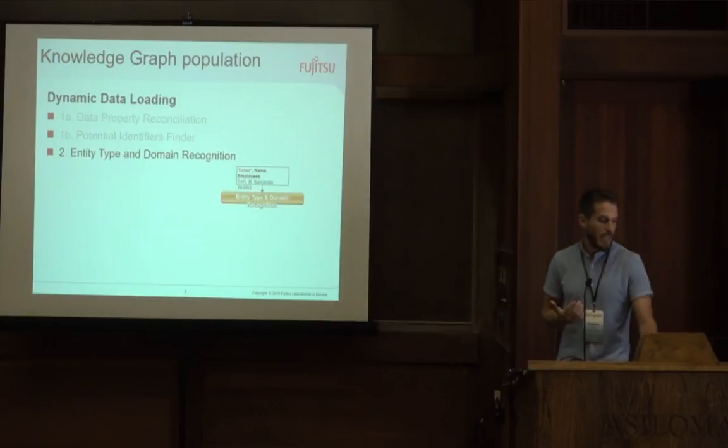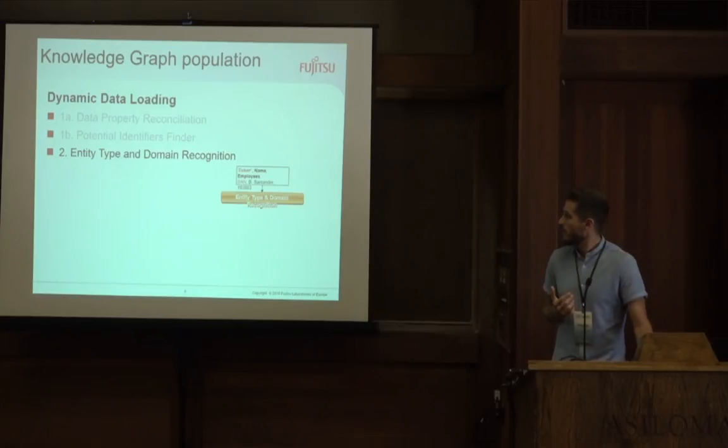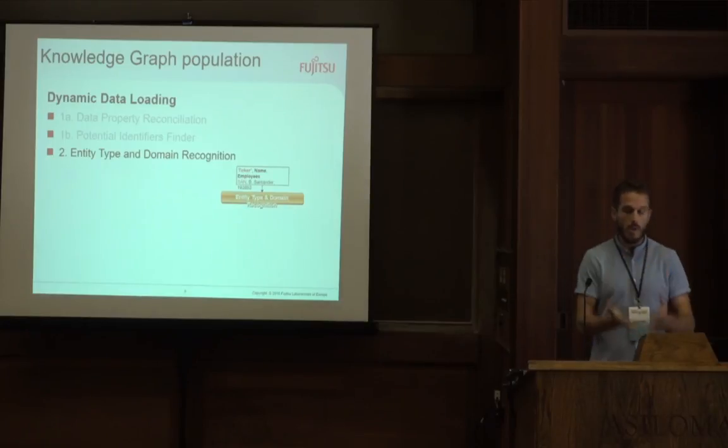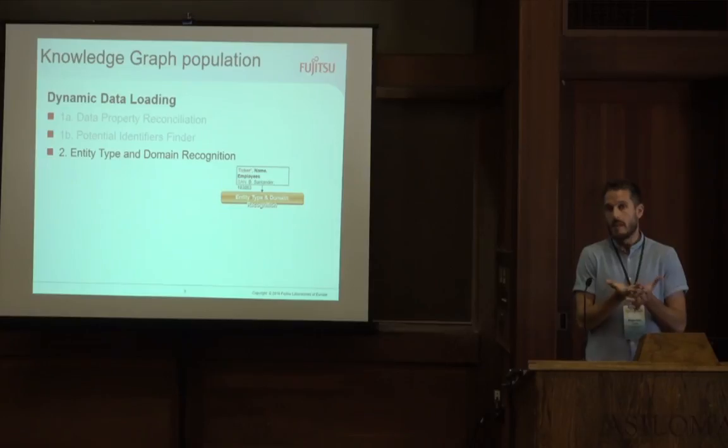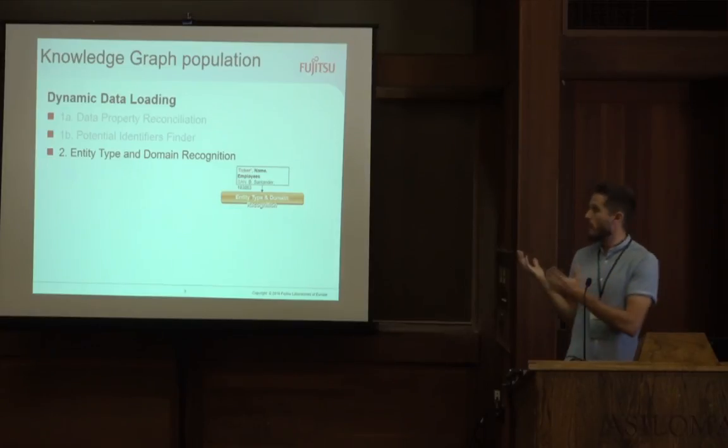So the next step is entity type and domain recognition. What we mean here is that when we load the data into the system, the system does not know which domain it is coming from.